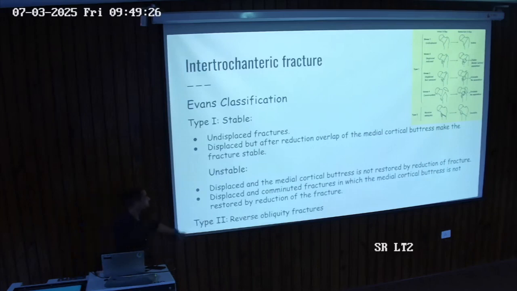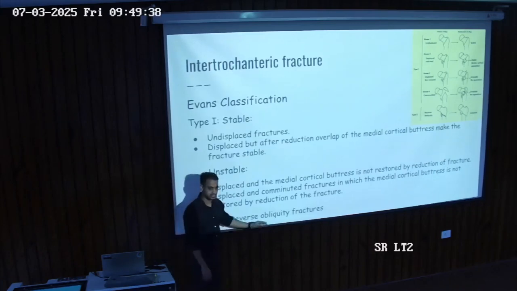Now we come to intertrochanteric fracture. This classification is given by one. Two types. Type 1 is stable, type 2 is reverse oblique. For the reverse oblique pattern, remember it is inherently unstable.